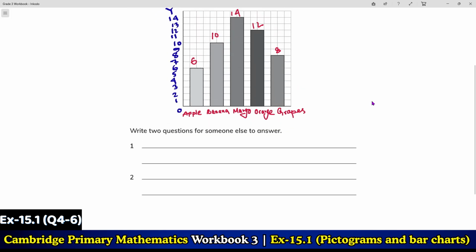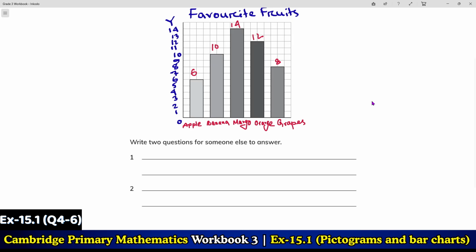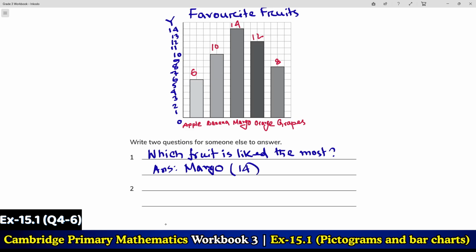So we have to make the question and also write the answer. So we can write 2 questions like, which fruit is liked the most. So answer, it should be mango, right? Mango, it's 14.